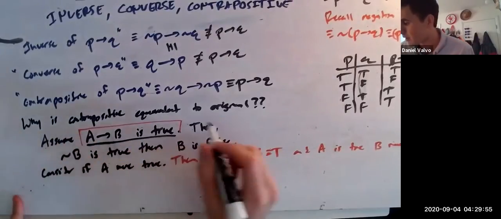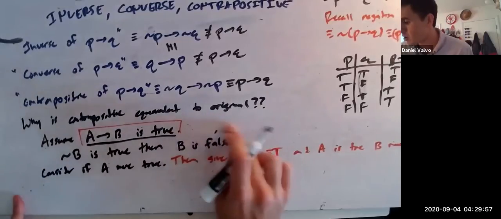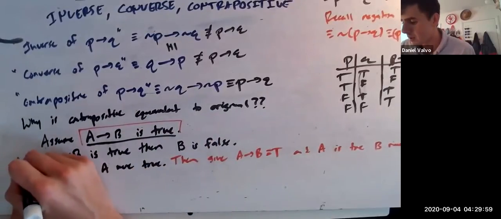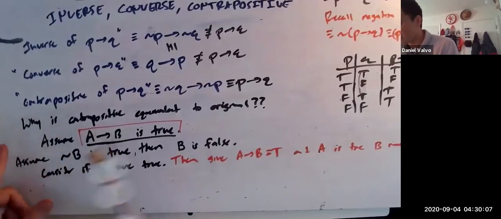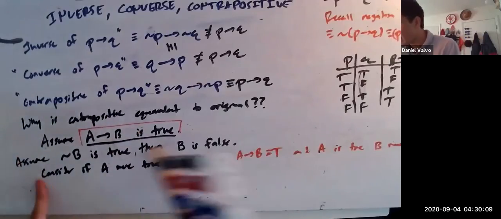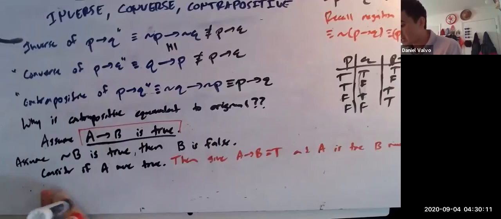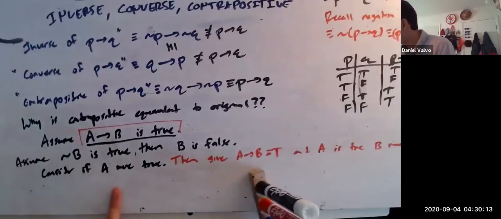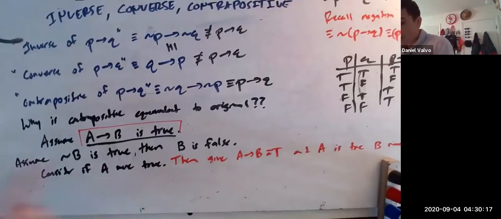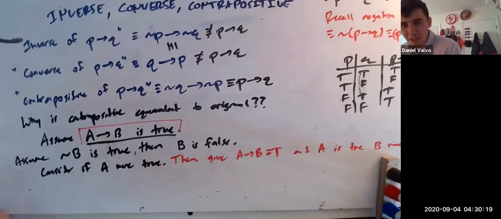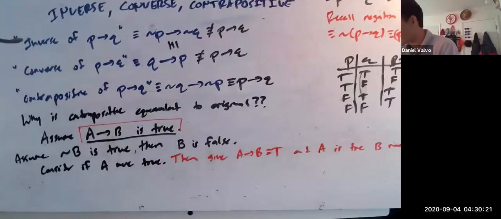I'll put it this way. I'll say assume this is true and also assume not B is true, which implies B is false. So in this case, we're assuming A implies B is true and not B is true. If we consider A being true, that would mean that B must follow. B must also be true. But we assumed not B is true, meaning we assumed B is false.